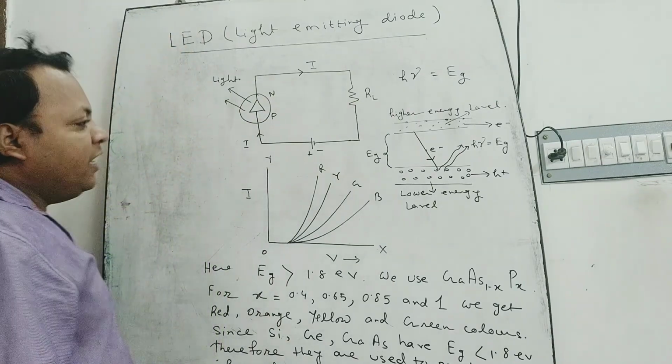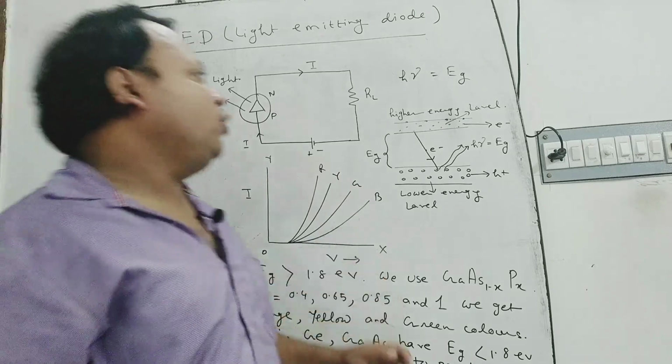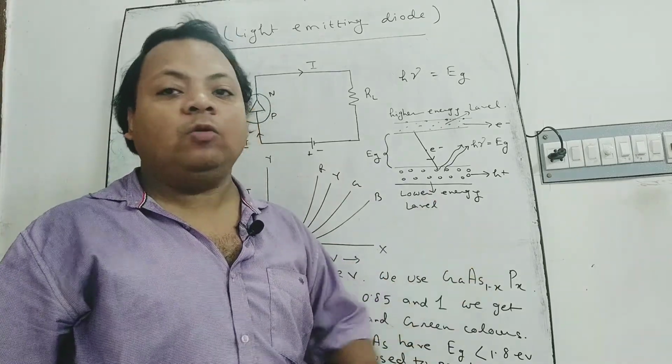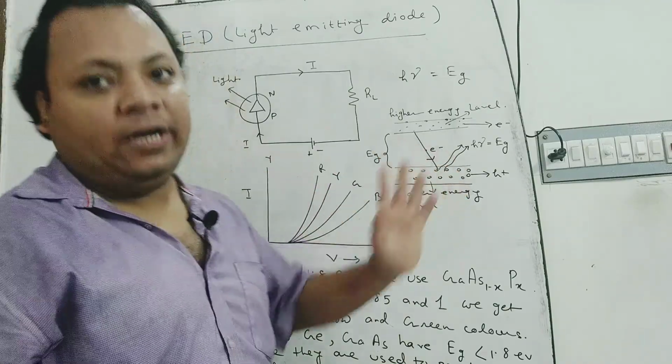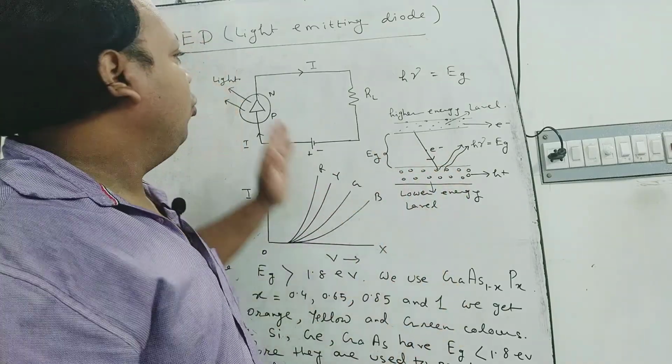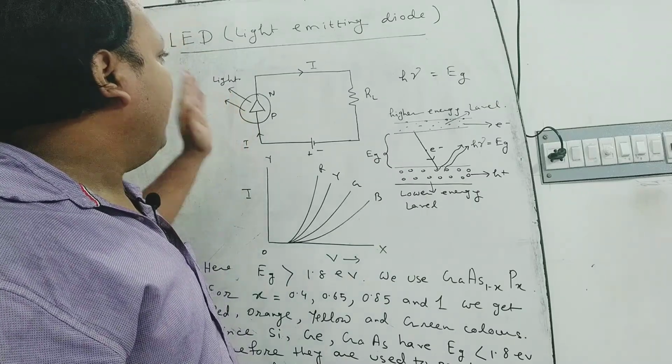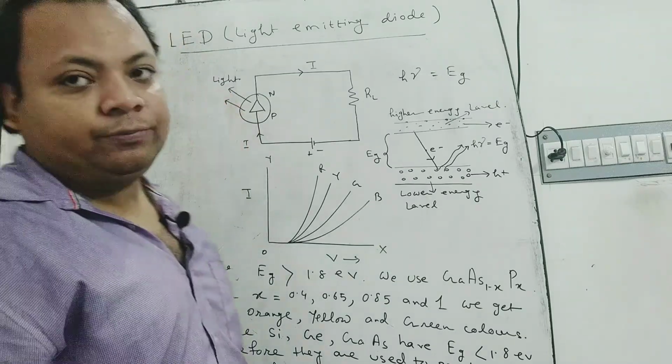When the energy gap between the high energy level and the lower energy level is a minimum of 1.8 electron volt, then we get light from this diode.